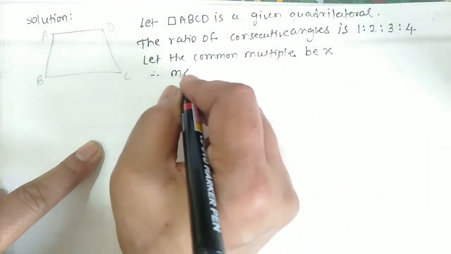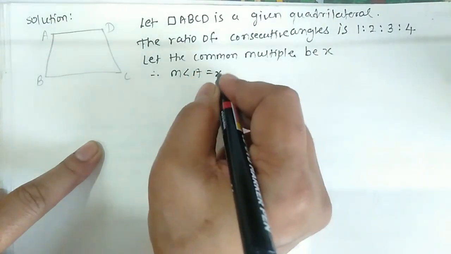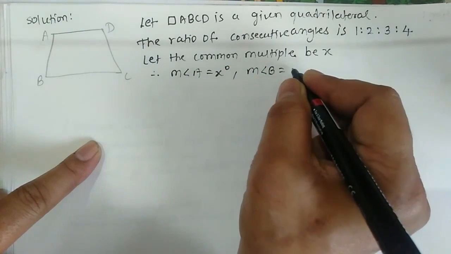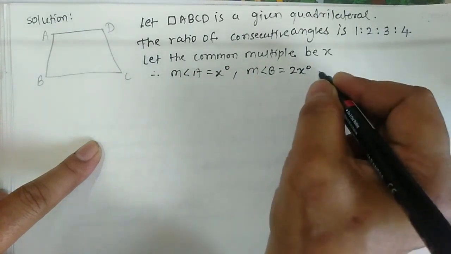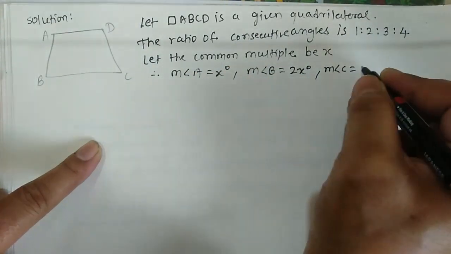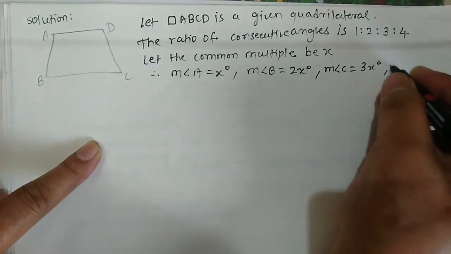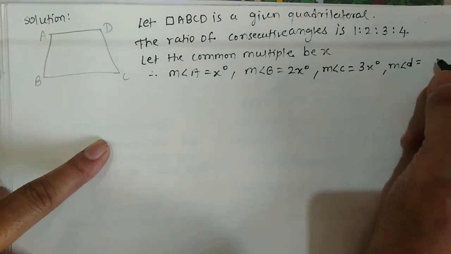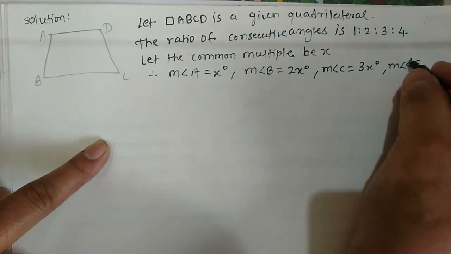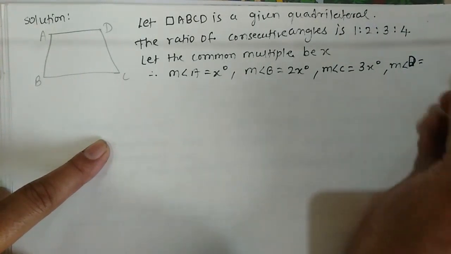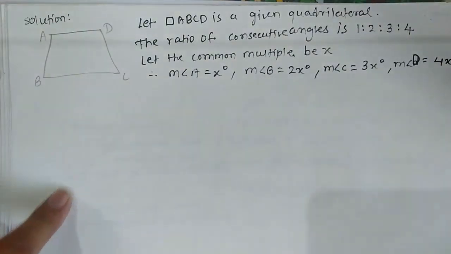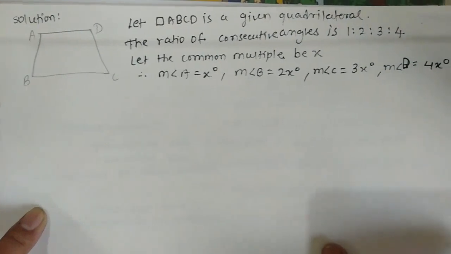Therefore, measurement of angle A is equal to x degrees. Measurement of angle B is twice x degrees. Measurement of angle C is thrice x degrees. Measurement of angle D is equal to 4x degrees. Correct?